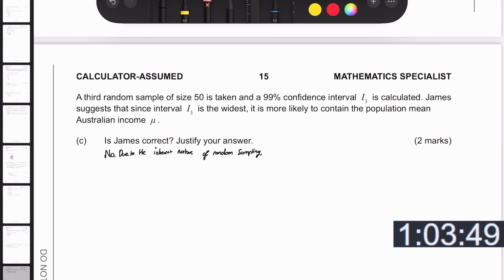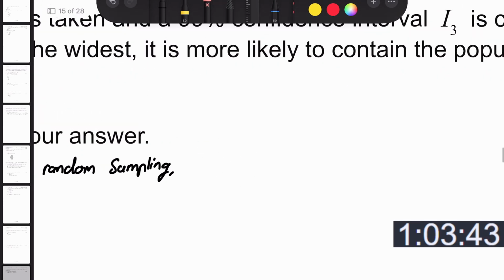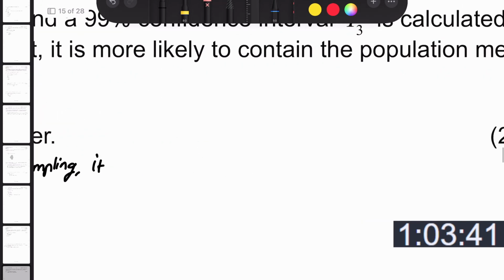I guess if it is wider, nah, I'm still going to stick with it. Inherent nature of random sampling.